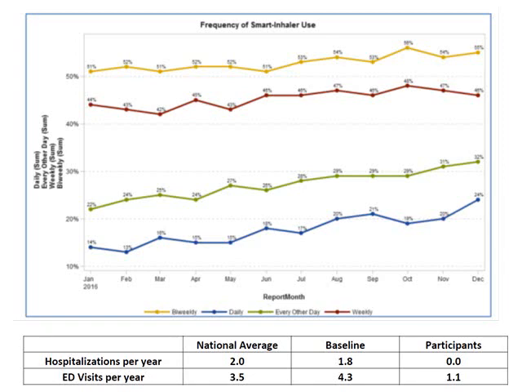Their hospitalizations per year for asthma dropped from 1.8 to 0, and their ED visits per year dropped from an average of 4.3 per patient, and it was 750 patients, down to 1.1 ED visits per year. So these are very lofty expectations.